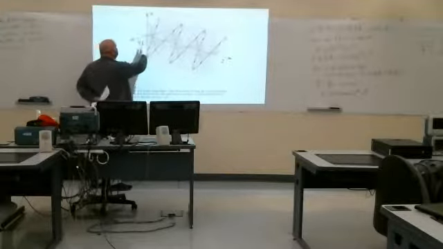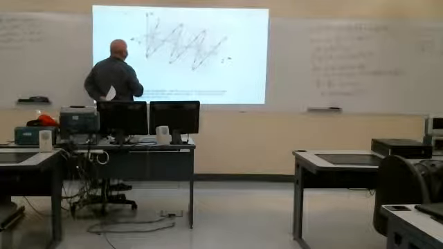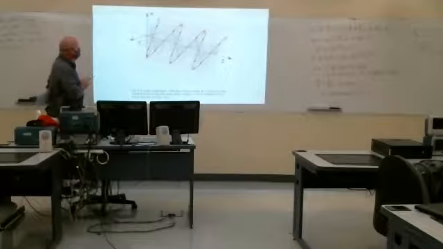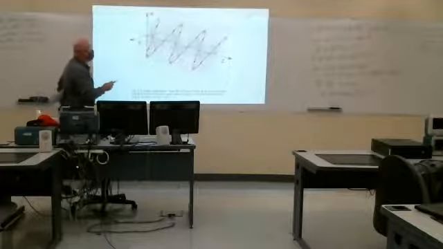The X axis is vertical, the Y axis here is horizontal. And then the vector sum of the two is red with the black arrows.